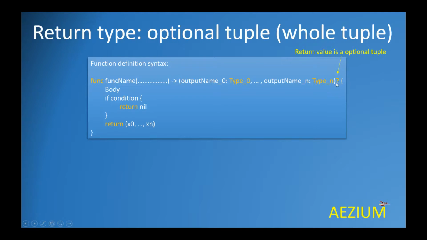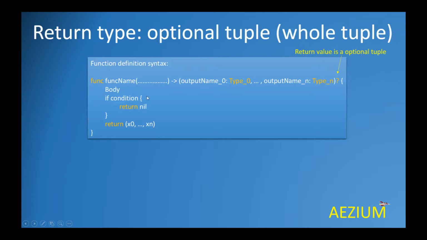The only difference is that we place a question mark after the parentheses including the elements of our output tuple. So this structure is showing that this function is going to return an optional tuple because we are using this question mark.